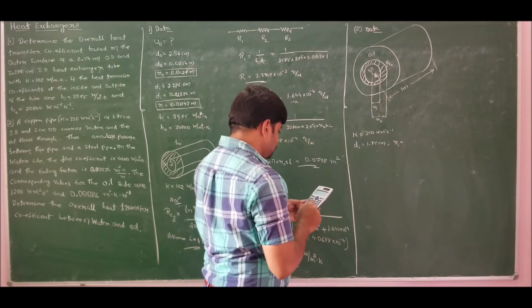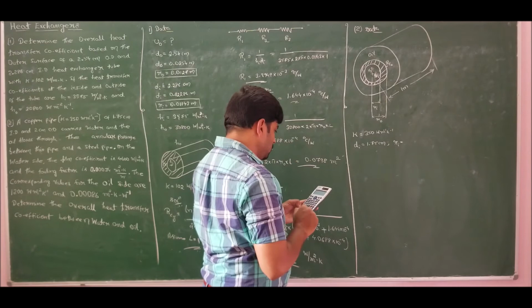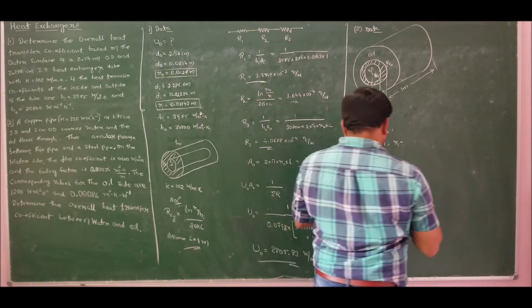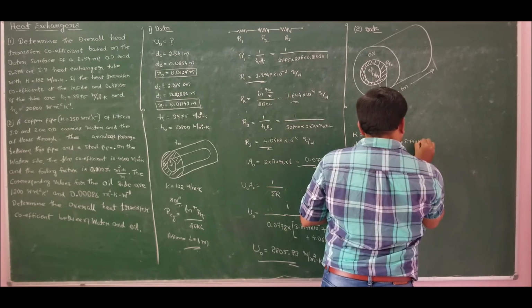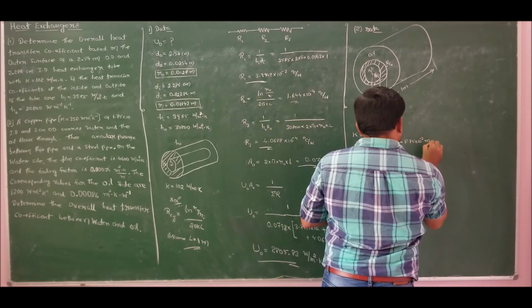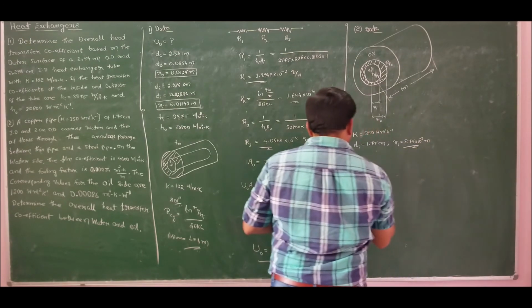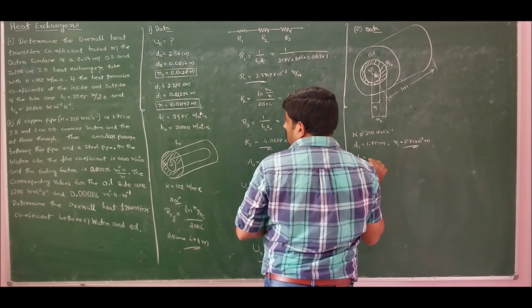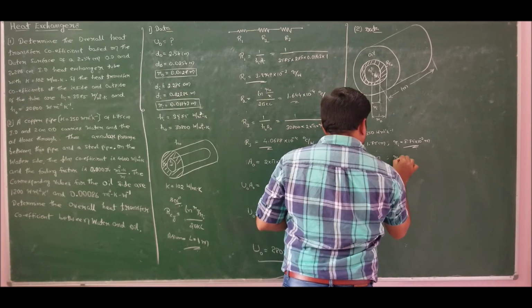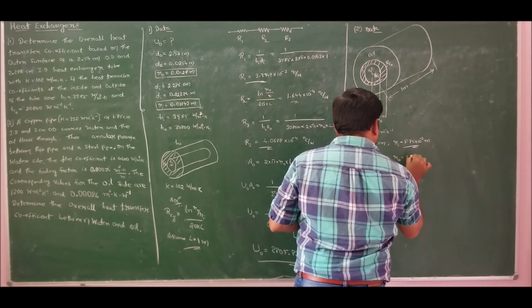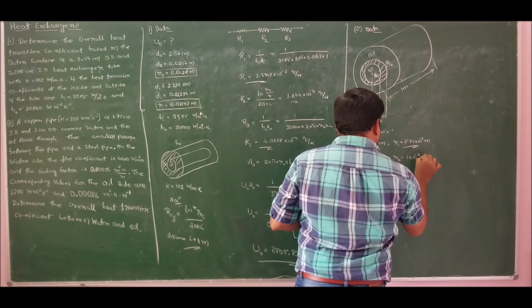Radius will become 1.75 by 2 into 10 to the power of minus 2, which is 8.75 into 10 to the power of minus 3 meters. And we have D0, outer diameter is 2 centimeter, hence the radius is 1 centimeter, 1 into 10 power minus 2 meters.